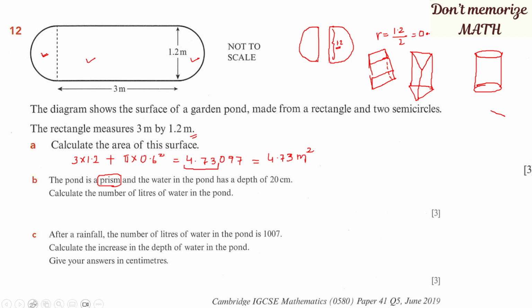So how to find the volume of a prism? Any type of prism you can find the volume by base area times height. In case of this one, we have base as circle. So what is circle area? Pi r square times height h. That's why the volume of cylinder is pi r square h. Okay. So triangle, what is the triangle area?